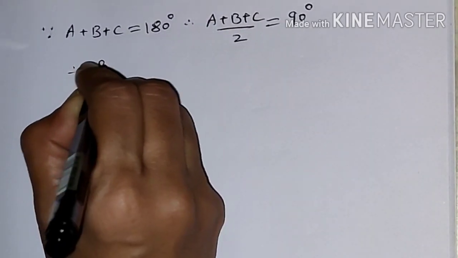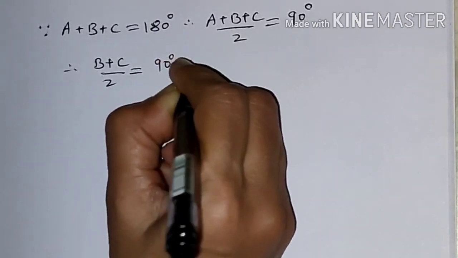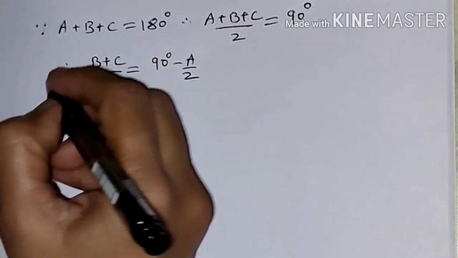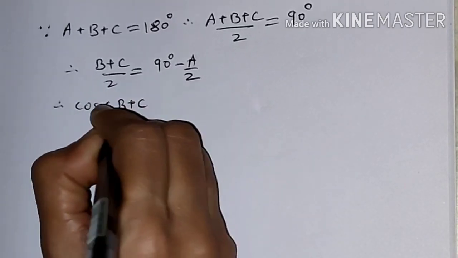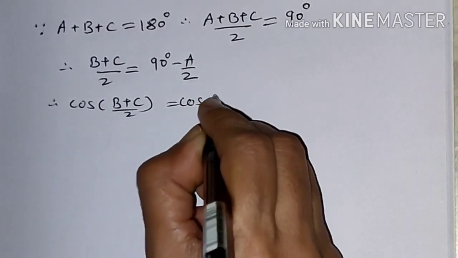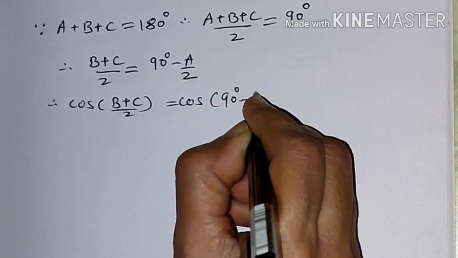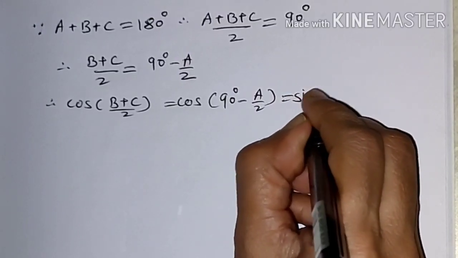Therefore, (B plus C) by 2 is equal to 90 degrees minus A by 2. So cos (B plus C) by 2 is equal to cos(90 degrees minus A by 2), that is equal to sine A by 2.